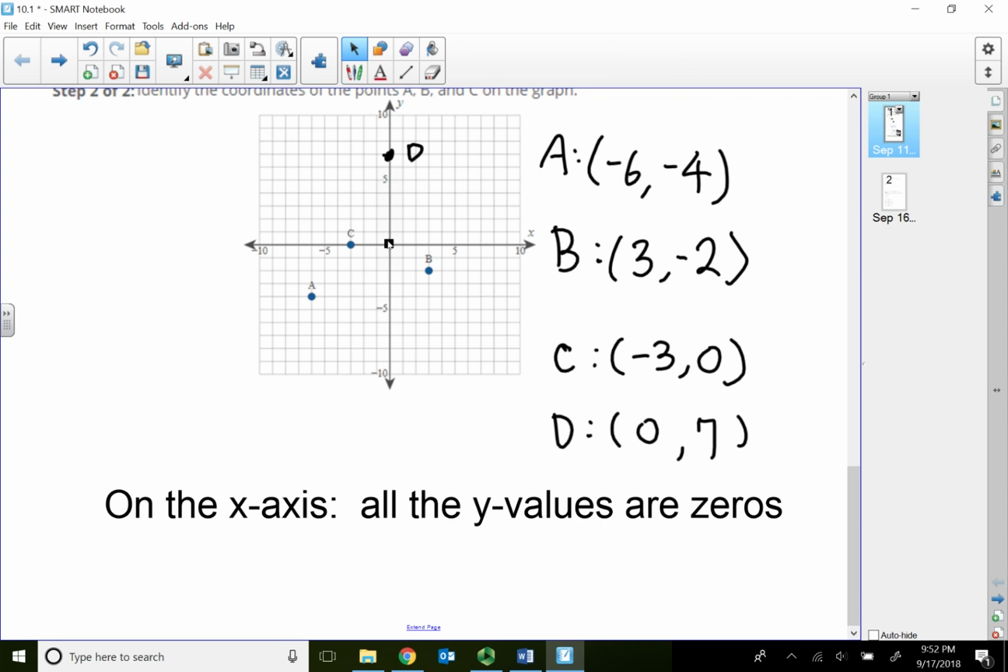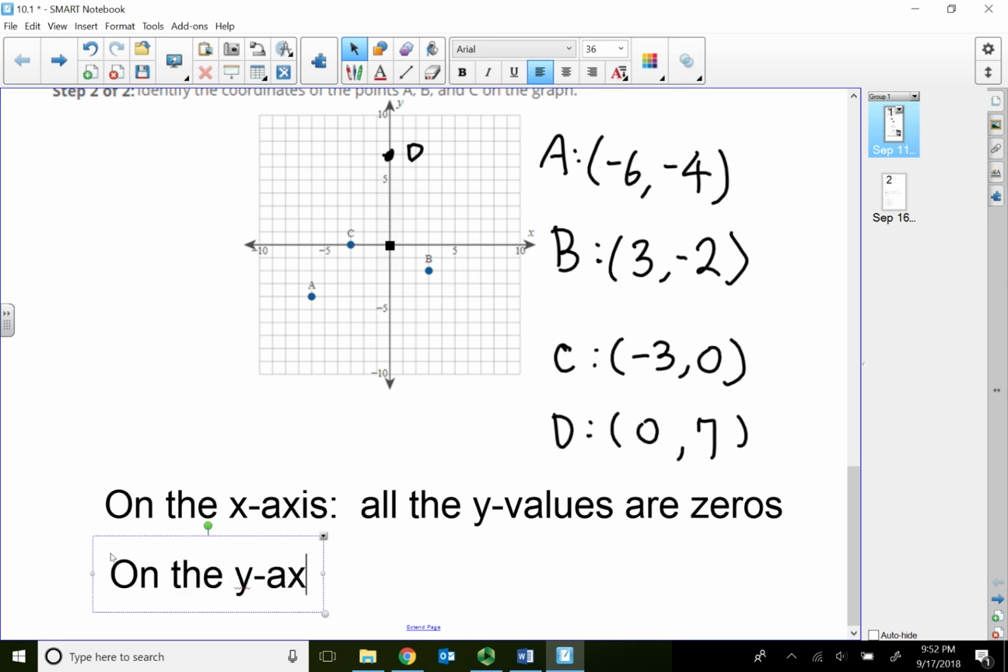If I walk along the y-axis, simply go up and down, my y value, like point D, will change, but the x value remains the same. Because I never had to go right or left, my x value got to still be 0.